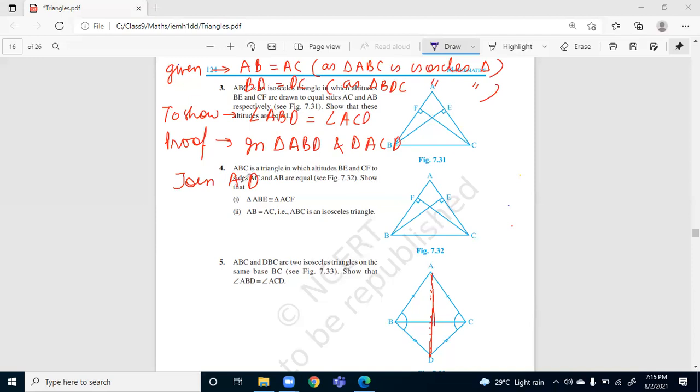Because I have to take triangle ABD and ACD. So ABD and ACD can be made into two triangles by joining AD. So now I can write AB is equal to AC, given. BD is equal to DC, it is again given, and AD is equal to AD, that is common.